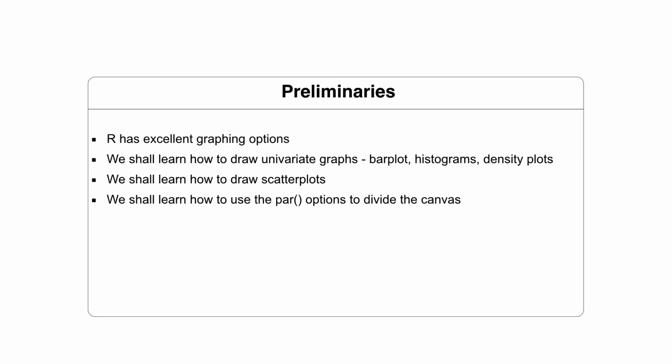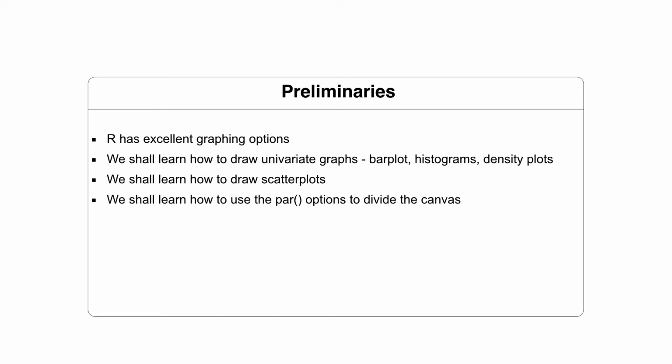And then we shall learn how to use the par options that you can use to divide the canvas into zones in which you can put your graphical elements. Par is a very powerful graphical element. There are quite a few things that you can explore in par, and I would refer you to some of the better books, study materials, articles, and resources that are available.